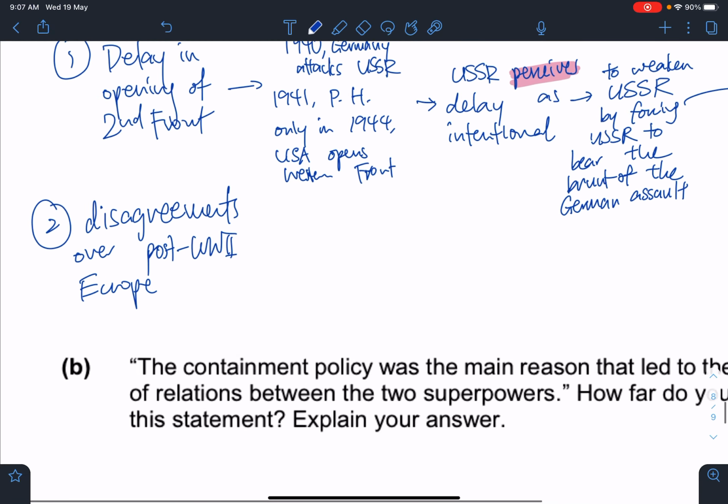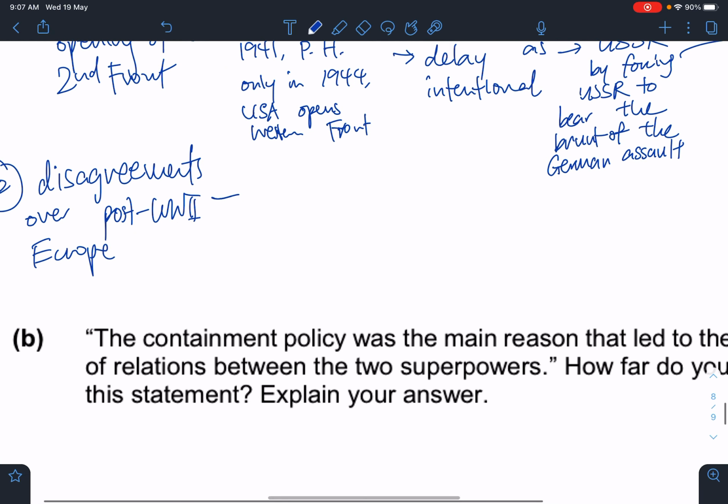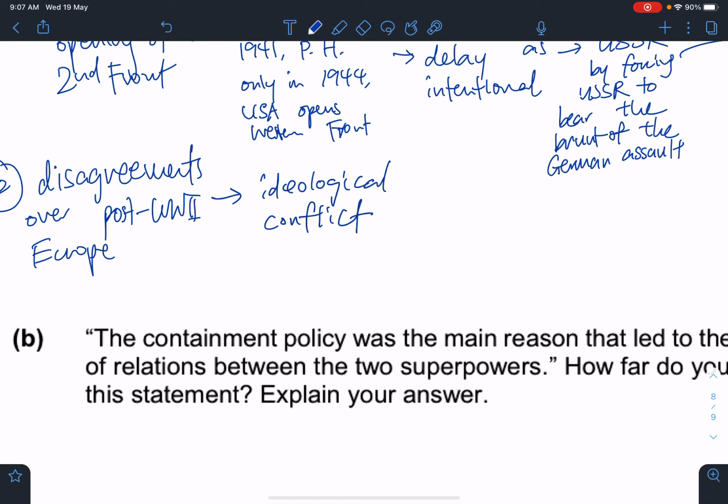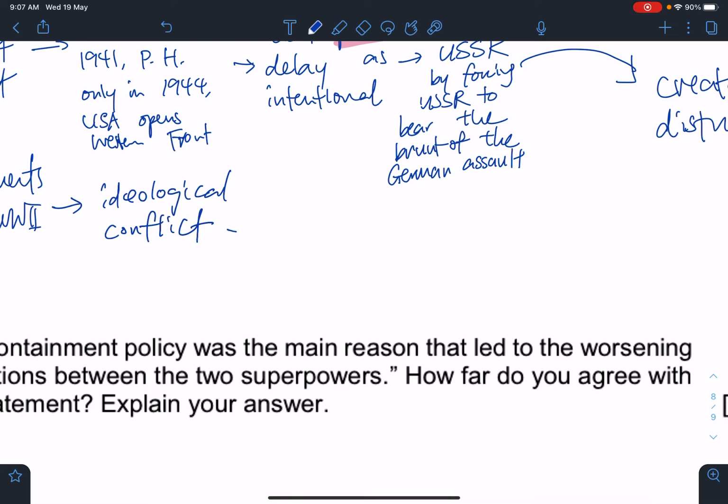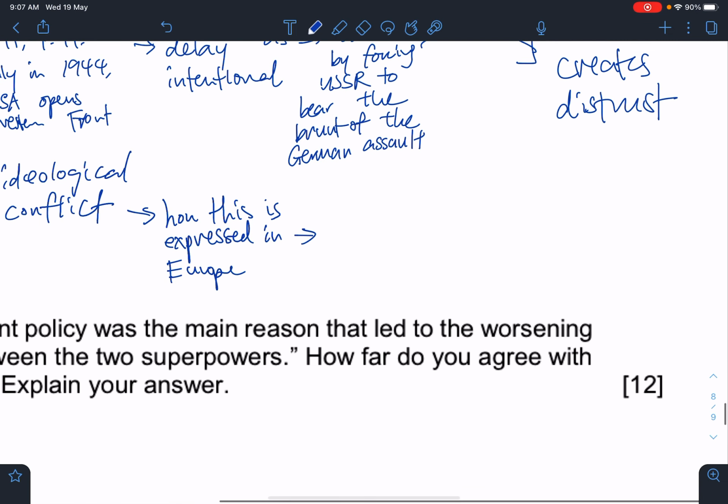Okay, so if you talk about the disagreements over post-World War II Europe, you must first talk about ideological conflict, right? But if you just describe to me communism versus democracy, that is not telling me anything. What you have to do is to talk about how this is expressed in Europe. You want to talk about Berlin, I can accept that.